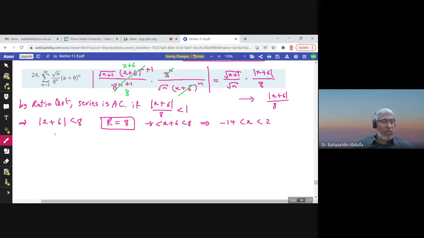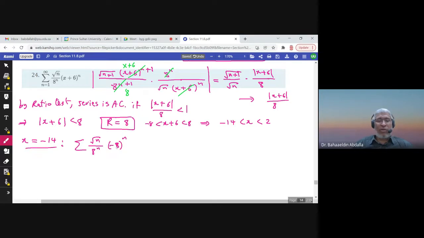But one thing we have to do, we have to test at the endpoints, test the series at the endpoints. So we have to go to the original series, the power series, and replace x by -14. So -14 plus 6, -8.